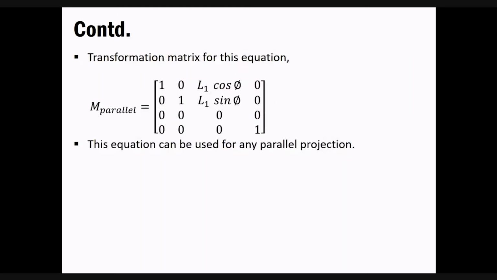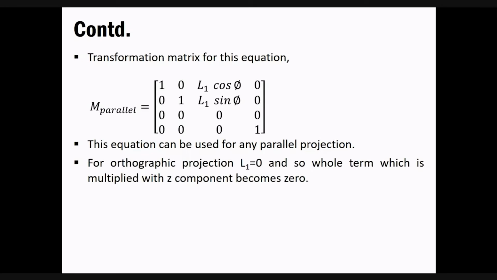This equation can be used for any parallel projection. For orthographic projection, obviously L1 is equal to 0, so the whole term multiplied with 0 becomes 0, because in orthographic projection we don't have that form of angle. Whatever we have is perpendicular, coming straight from that point.